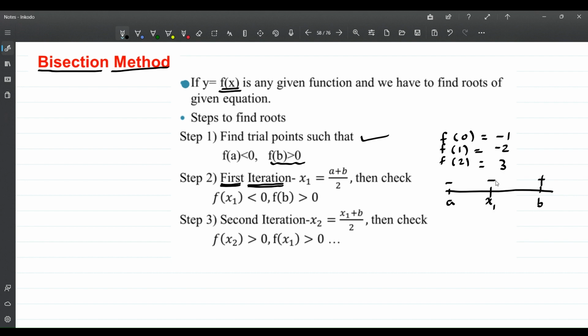If this answer is negative, then the same signs will cut, that means a and x1 will cut. Then root lies between x1 and b. Then find the midpoint of this and put this value in equation 1. If this answer is positive, then the same sign will cut, and root lies between x1 and x2. In this way you can solve. So let us start with an example.